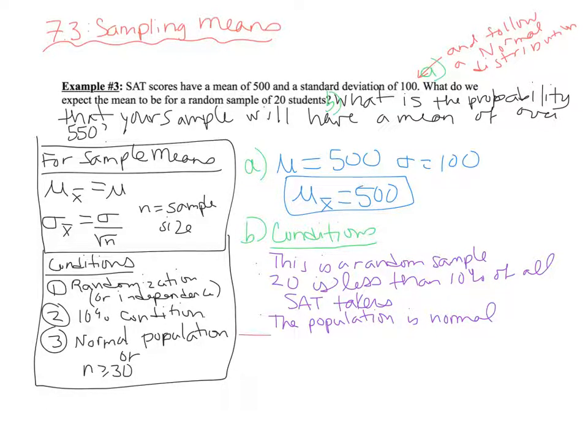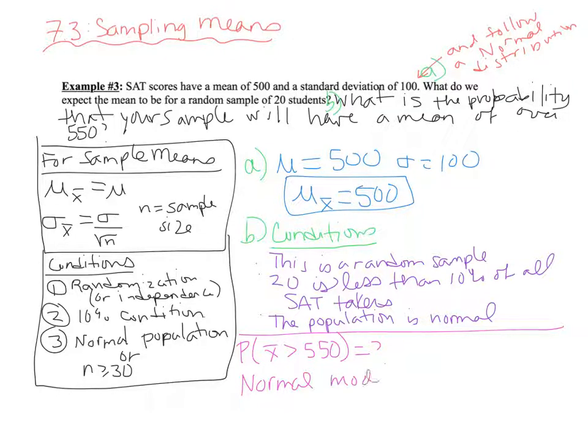Now we're actually going to find this probability. We are looking for the probability that in our sample of 20, our sample mean is more than 550. We're going to use a normal model, and we're allowed to do that because of our conditions.